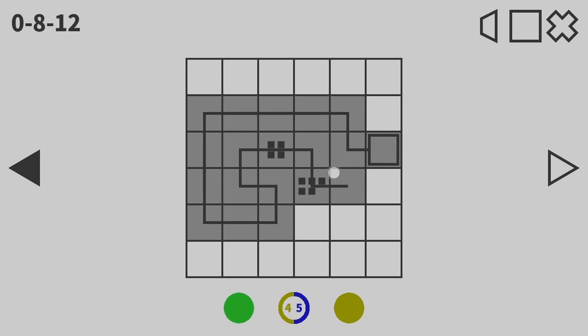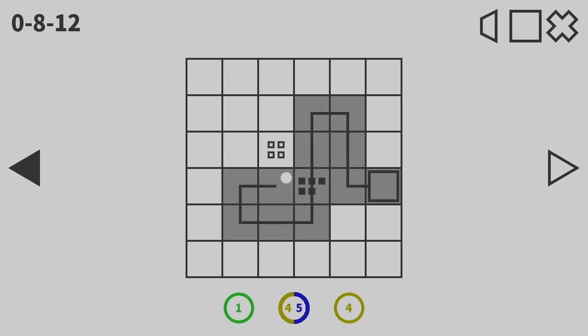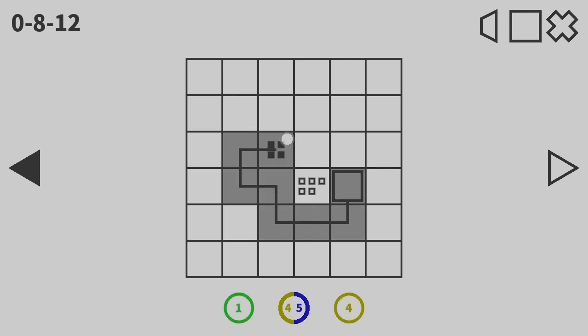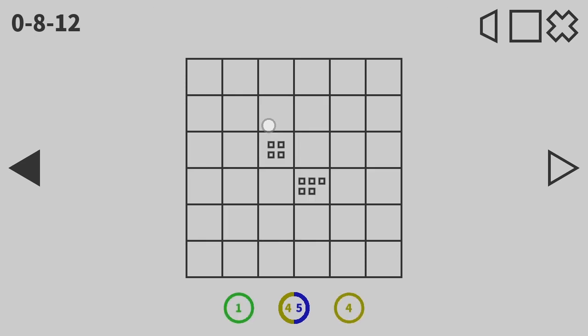So the hole is there. 1, 2, 3, 4, 5. So it should be 5 tall. Well, there's loads of holes. What have I done? I've messed this up. Like, what am I supposed to do? Honestly.